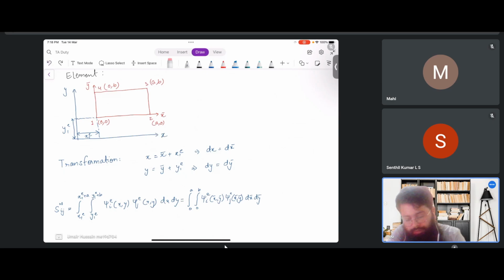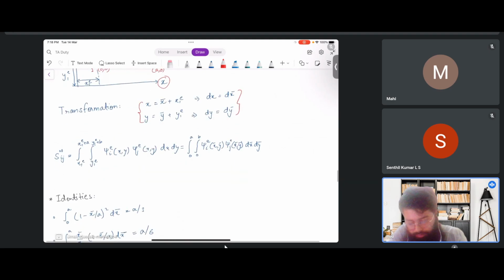So the transformation would be given by these equations, and these would be the derivatives. If you have an integral like this, it can be pretty easily transformed to this.